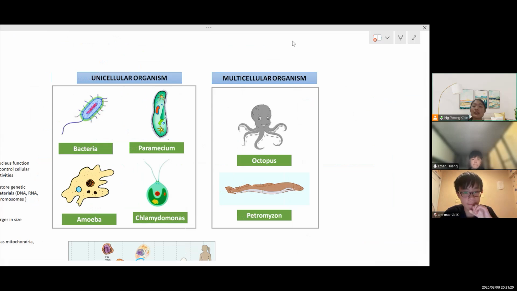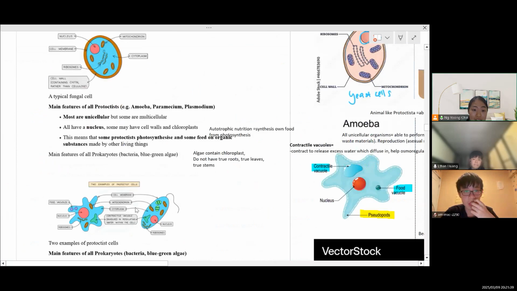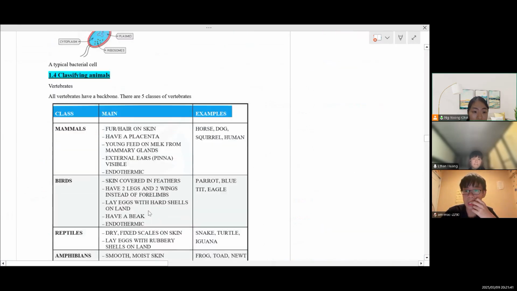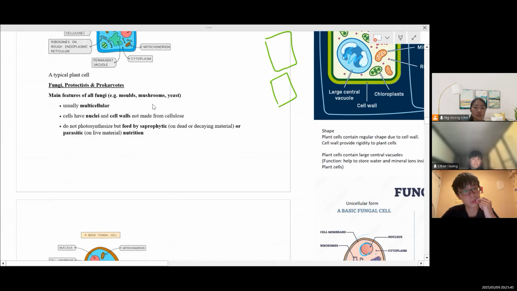However, fungi are able to exist in the form of unicellular organism and also multicellular organism. In the fungi, the unicellular one refers to the yeast. Yeast, 酵母. So only the yeast is unicellular.